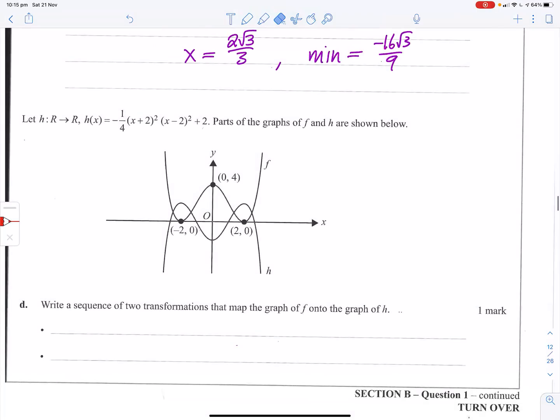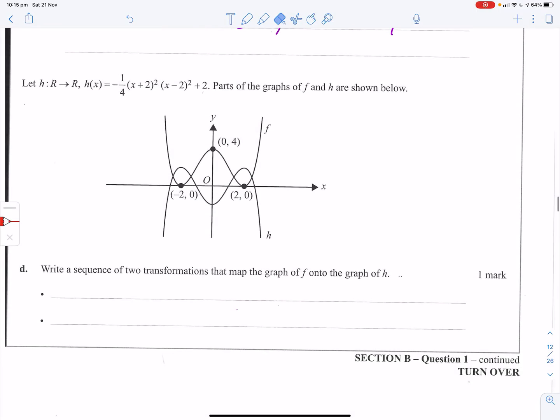Okay, the graph of the same function, but the function that's been reflected in the x-axis and translated up 2.